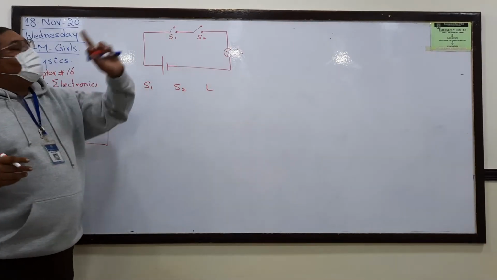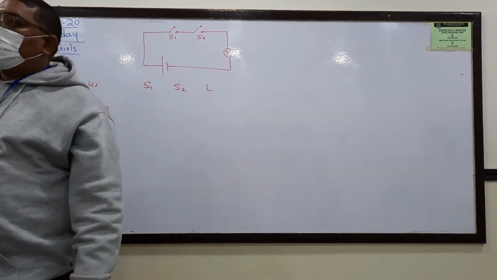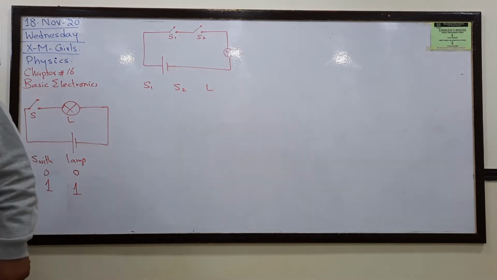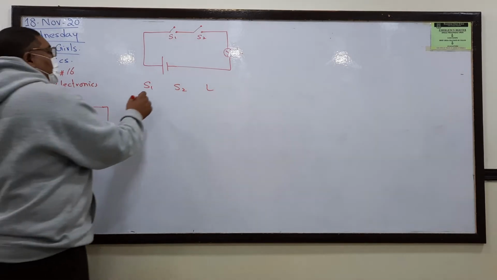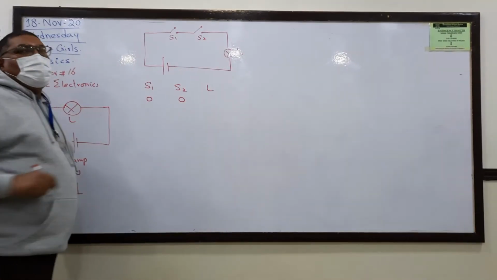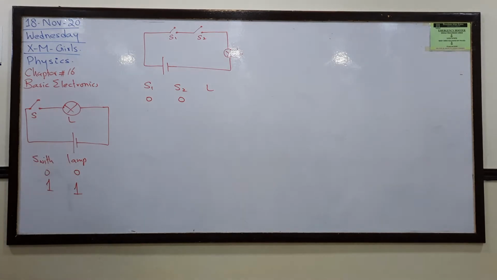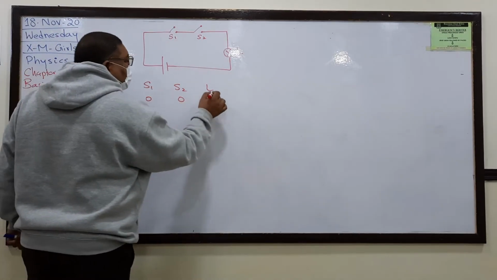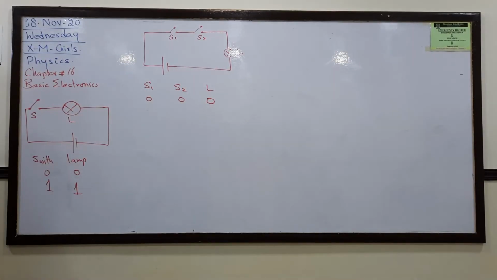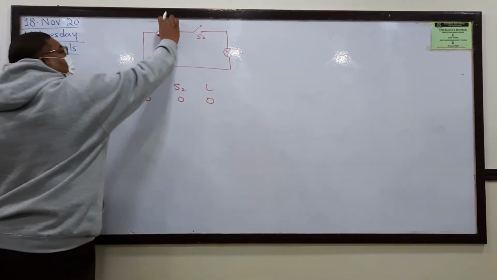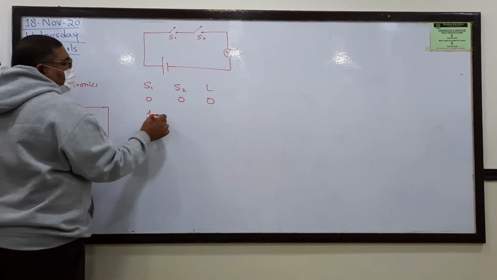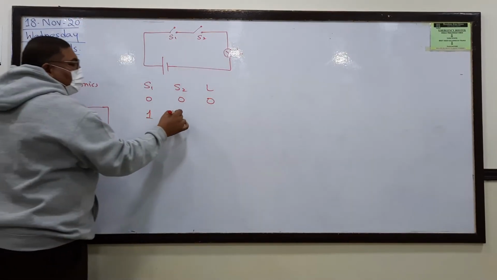If switch number 1 is open, and switch number 2 is also open, what do you think will happen with the lamp? Will the lamp give light? No. So the lamp will be off. Now close switch number 1, switch number 2 still open.